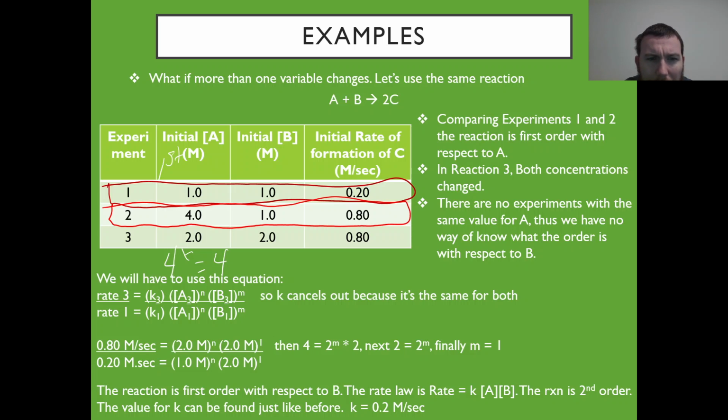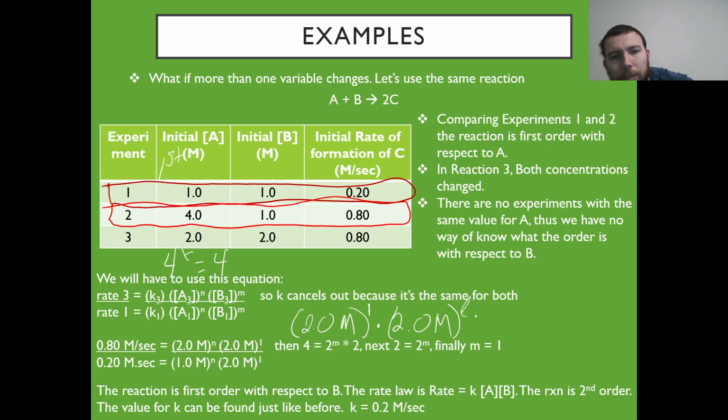We got the 0.80 divided by 0.20. And if we're doing experiment 3, it would be 2.0 molar, now A, we know, is to the first power, times B, which is going to be 2.0 molar, and in this case, they're saying L power, right?